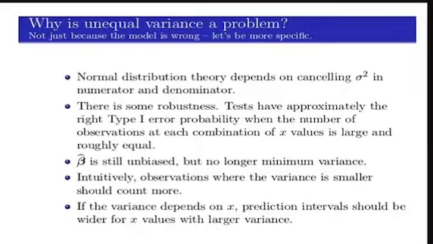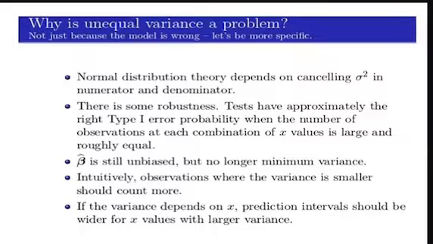And let me also tell you this. If the variance depends on X, what was the initial assumption? The assumption is that the variance of Y does not depend on X. That's a constant variance, right?